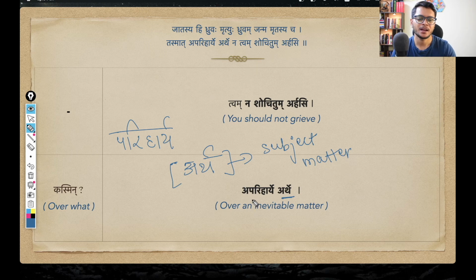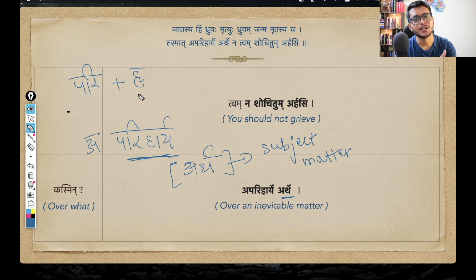Okay, and this other word, apariharye, is coming from the Pratipadika apariharya. Now before understanding apariharya, let us see pariharya. Pariharya is coming from Hri Dhatu, and you can already see there is an upsarga pari here. Hri Dhatu generally means to take away, to steal. And along with this upsarga pari, pari plus Hri together gives the meaning to avoid.